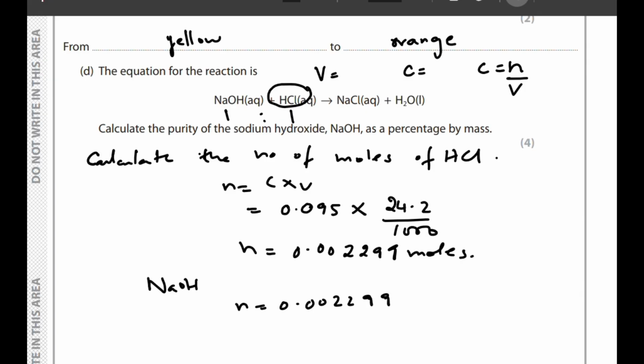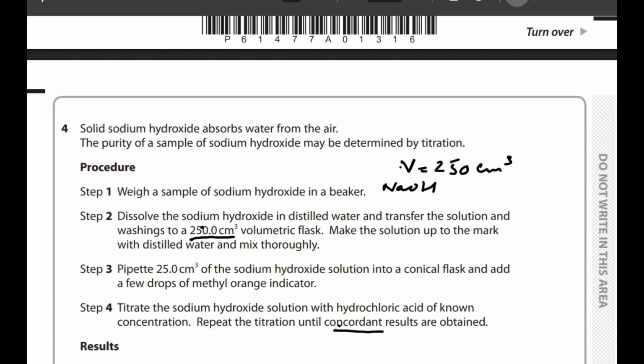But there's a twist, because the volume of sodium hydroxide which was taken was 25 centimeter cube and the actual volume was 250.